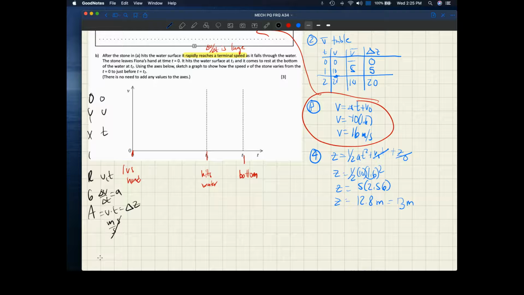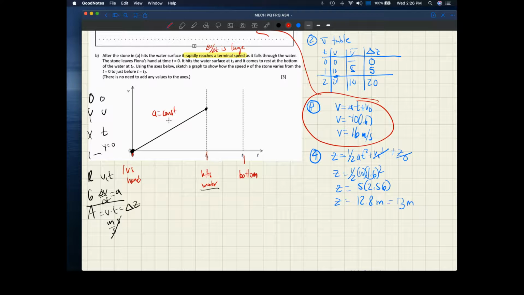So we know we start at 0, so the y-intercept should actually be 0. At time 0, the velocity is 0. It hits the water at time 1. Well, during that time, the acceleration is constant. We know the speed is going to increase. The acceleration is the slope, so there's some value up here it gets to, some maximum speed, and it's a straight line because the acceleration is constant.